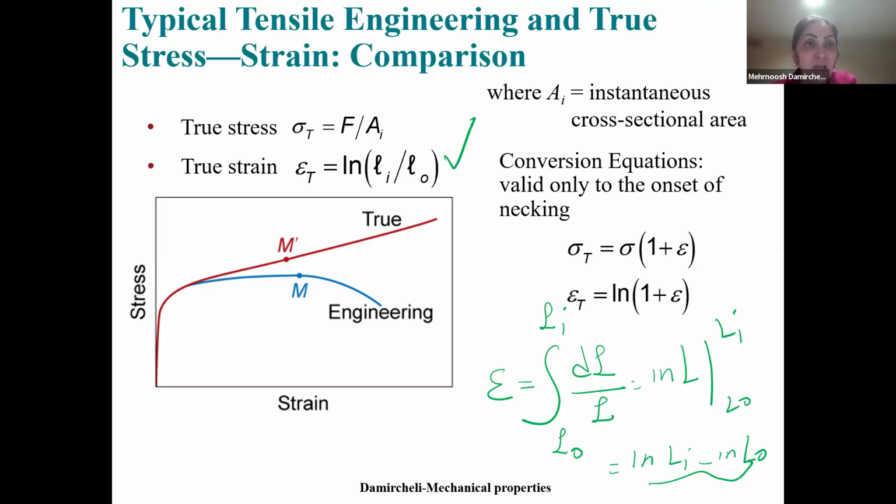So what is Li? It means the length exactly at the time that we want to derive the strain. Okay, there is a relation between true stress and engineering stress. They relate to each other by this equation. And there is a relationship between true strain and engineering strain by this equation.